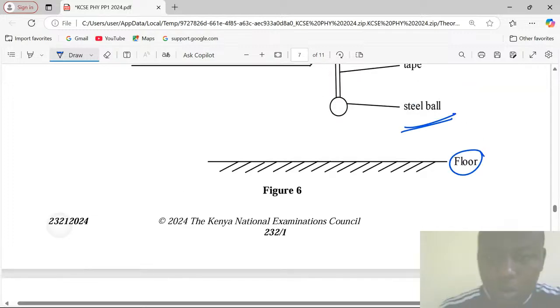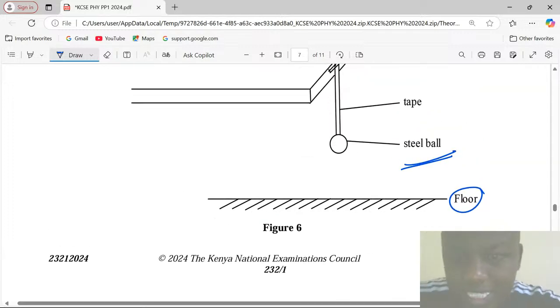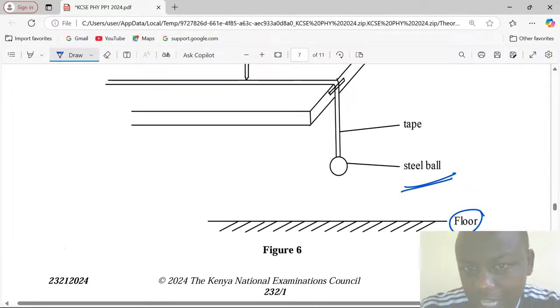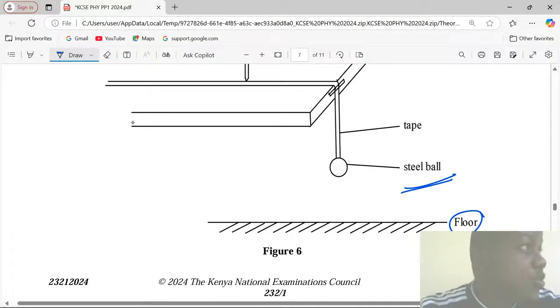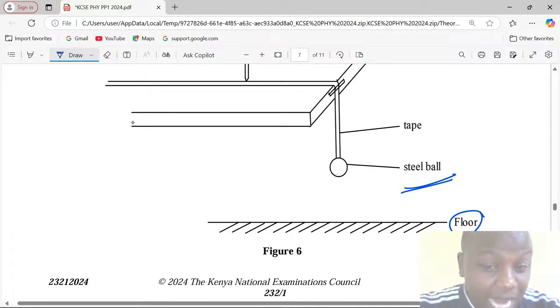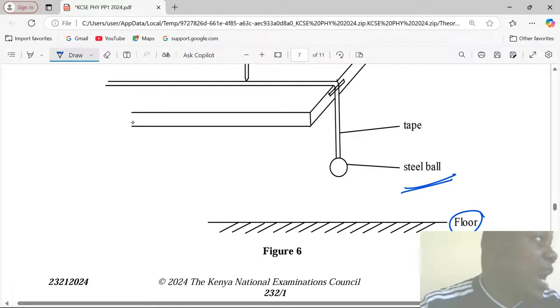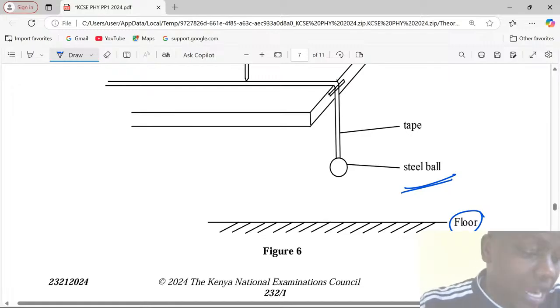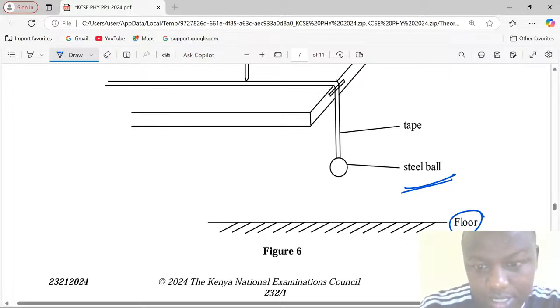Look at the steel ball. So the steel ball, in case it is released to fall, then it will be accelerating. Actually, you release it freely to come down. You discover that it will not land at the ground using the velocity that it began with. Very definite that it is going to accelerate towards the ground due to gravity.